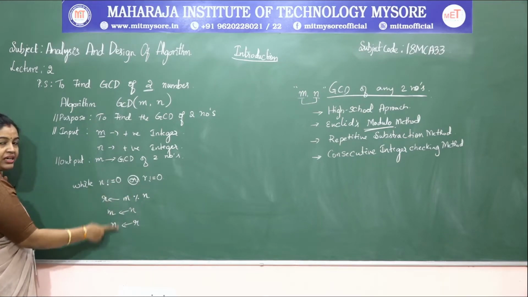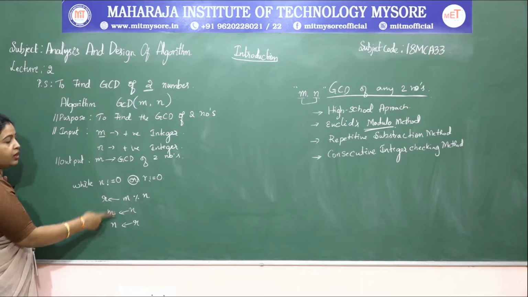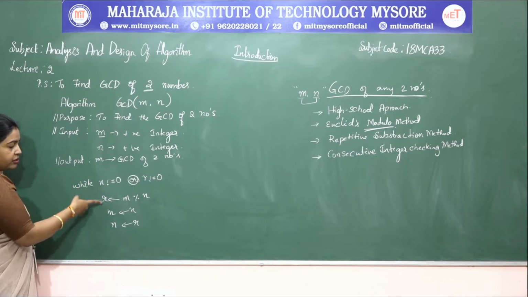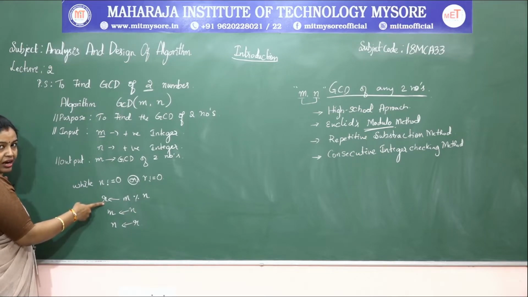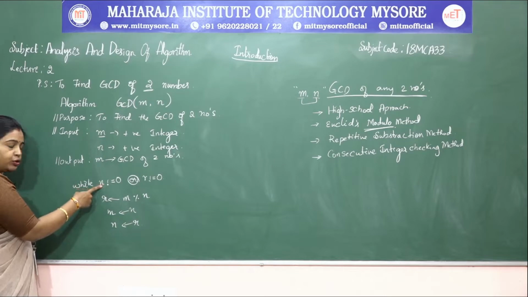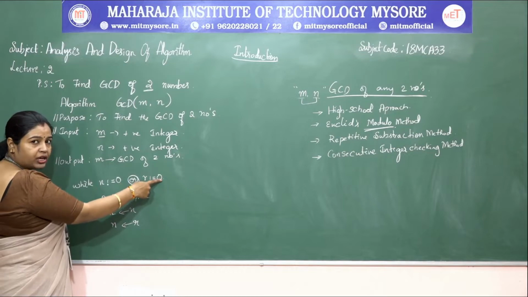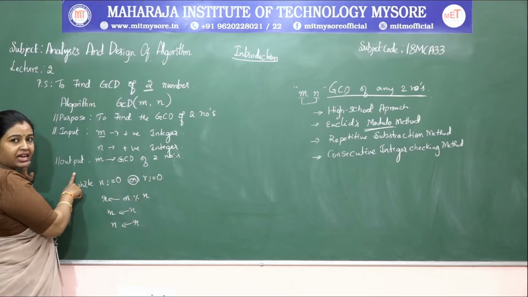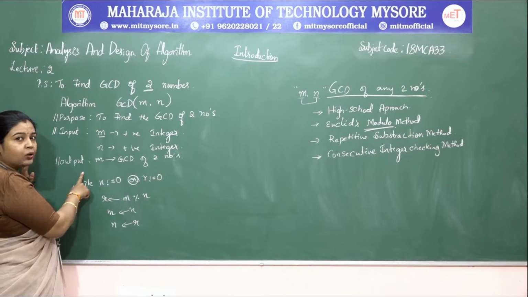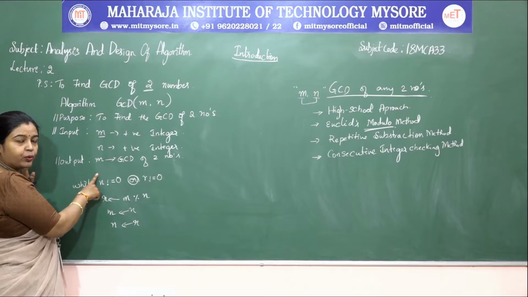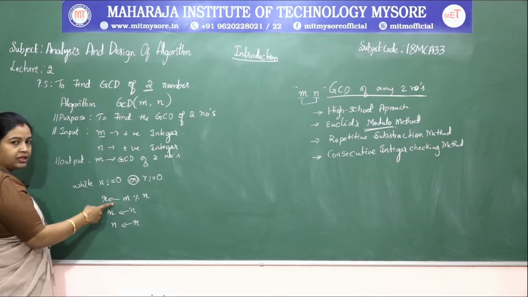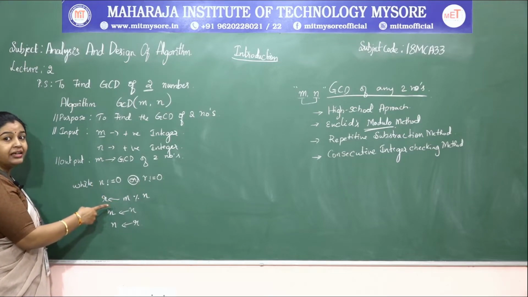We need to repeat these steps. Once you enter the while loop, only then do we calculate the value of R. Because of that, it is better to use n is not equal to 0. If you write R is not equal to 0, you need an assignment statement like R is equal to n in the beginning. Otherwise it will give you a semantic error.